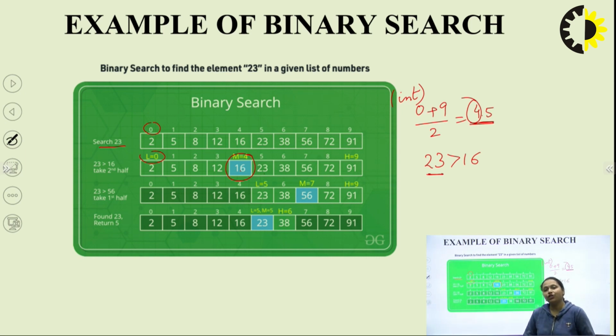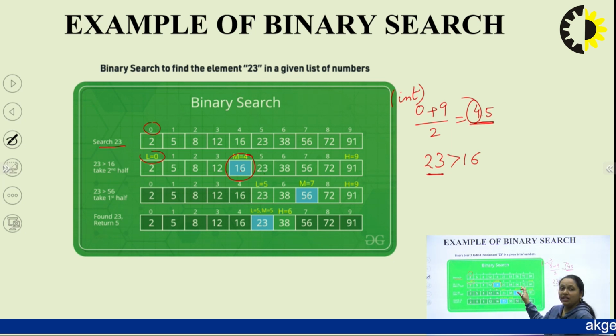Now as we are shifting towards one half of the list, some positions change. As you can see, the upper bound of the array has not changed. It is fixed, that is 9. But now the first element of the list is the element at index 5, which means the lower bound is updated. The lower bound is updated as mid plus 1.